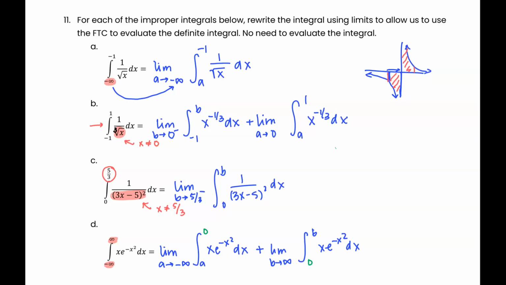And we do want to approach that 0. This is weird because I don't want to sweep this way, but we have to get towards it from the right-hand side.